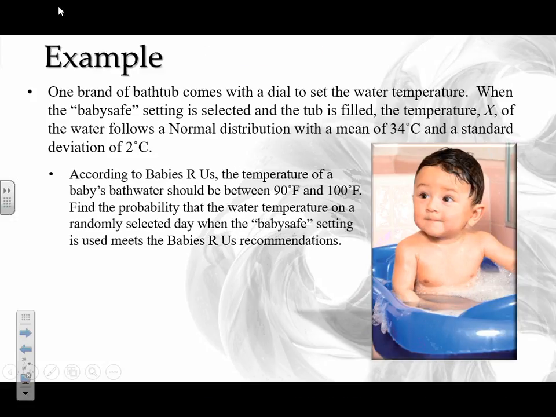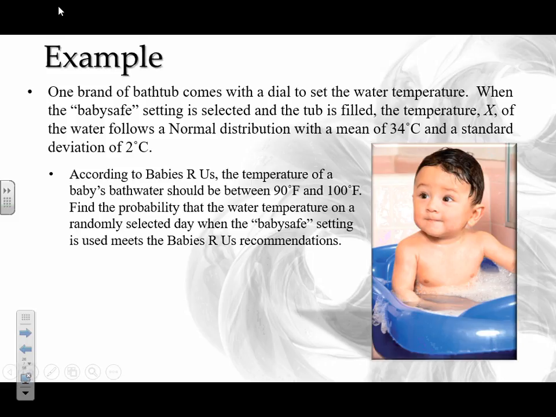Once we know our new mean and standard deviation, so we converted from Celsius to Fahrenheit, now we want to actually talk about probabilities with our continuous random variable. So, Babies R Us says that the temperature of a baby's bath water should be between 90 degrees Fahrenheit and 100 degrees Fahrenheit. Find the probability that the water temperature on a randomly selected day when the baby safe setting is used meets the Babies R Us recommendations.